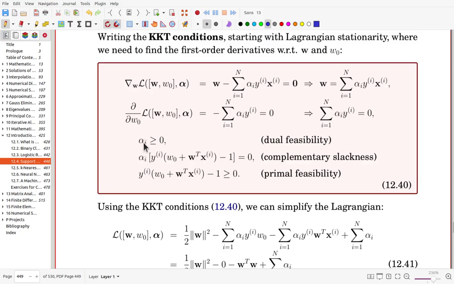Here, the Lagrange multipliers and the primal feasibility: if you make the multiplication, this product must always be 0. So if one is loose, which means that it is positive, then the other must be 0. And if it is loose, then it must be 0. So it is called complementary slackness.